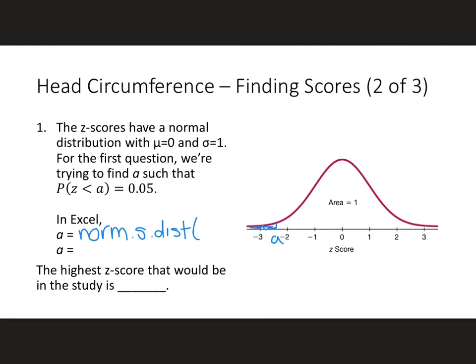Again, you can use norm.inv, you would just need to type in the mean and the standard deviation, whereas in this one you don't have to do that. You'll just be typing in the probability. For this case, it's 0.05. When you type that in, you get negative 1.6449. So the highest z-score that would be in the study is negative 1.6449.